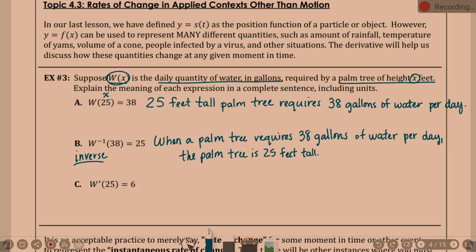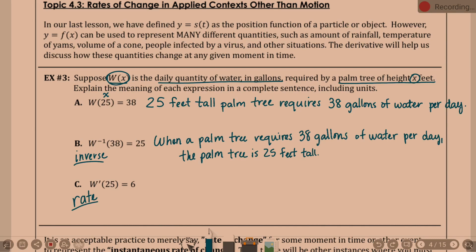And C. What are we looking for in C? It's a derivative. And what I need you starting to think is when it's a derivative, it's a rate. Like we think of derivative as slope of the tangent line.